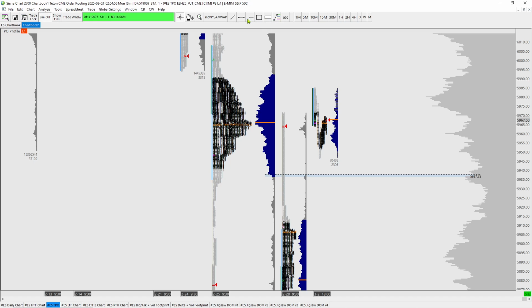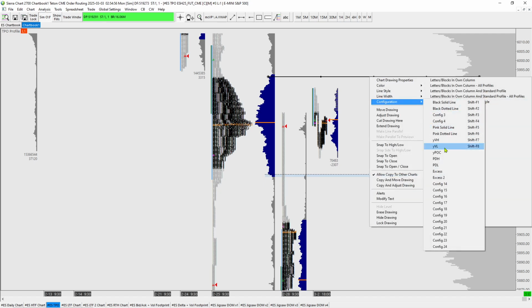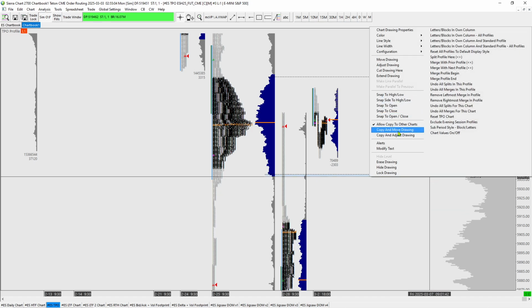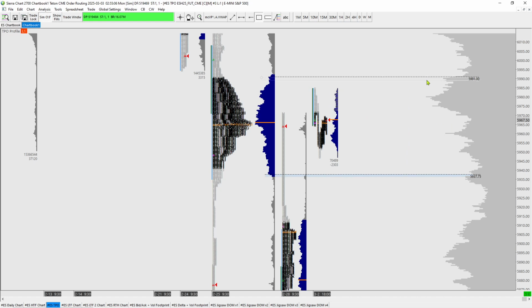So a 1.25 point zone, we can call it. There we go. All right.